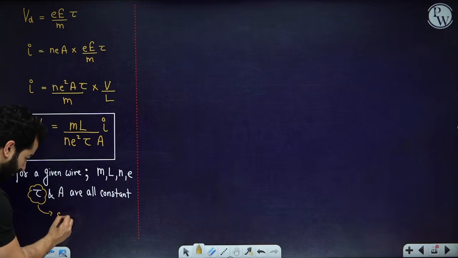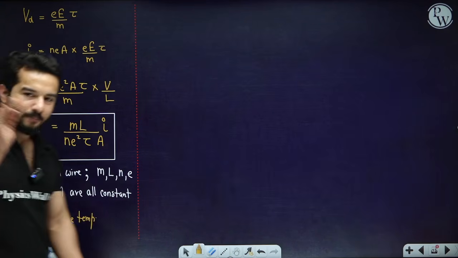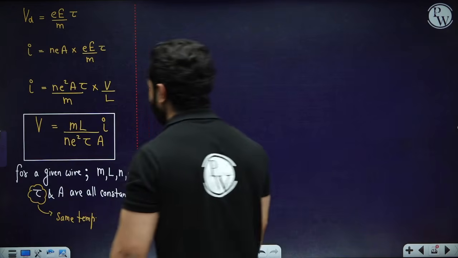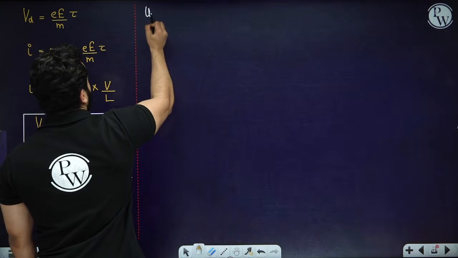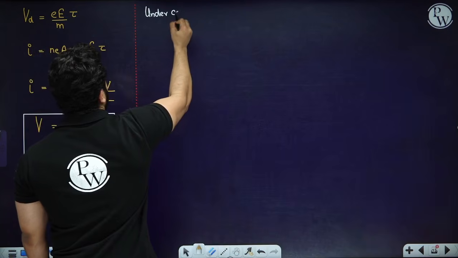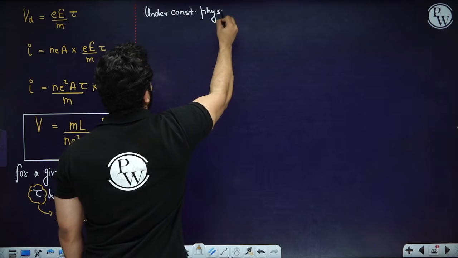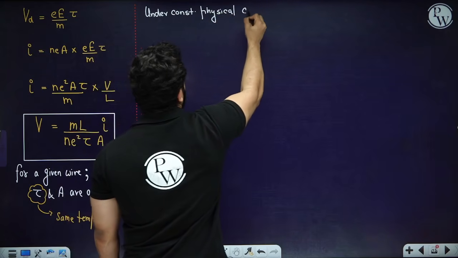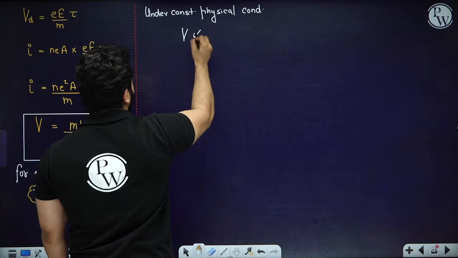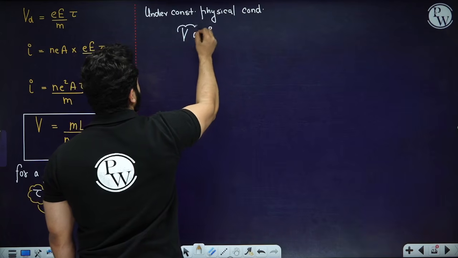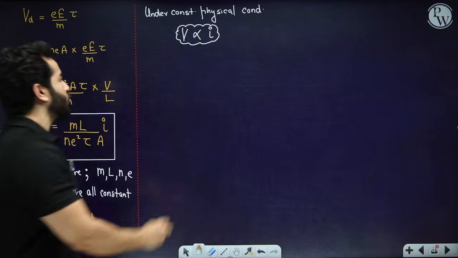There is a caveat to it, the temperature should be the same. So under constant physical conditions, we will say that potential difference is directly proportional to current, because everything else is a constant. And the proportionality constant over here is nothing but R.